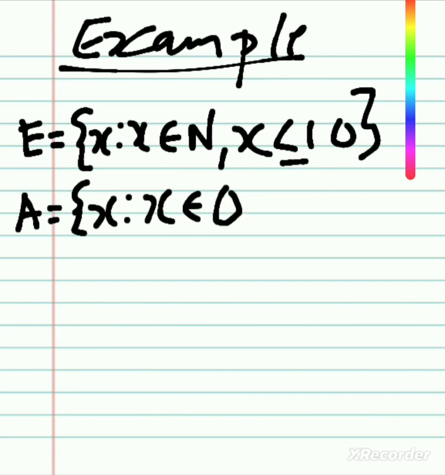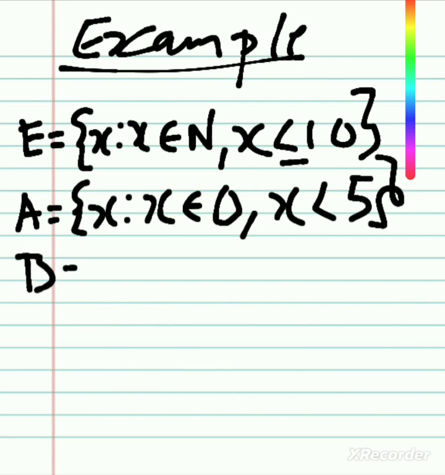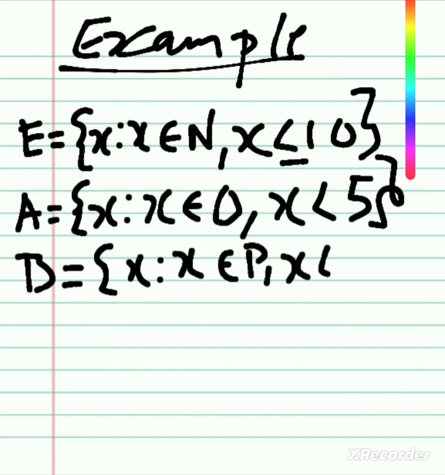I'll use odd to represent odd number, though that's not the right symbol to use. And x is less than 5. Then we have set B, which is x is such that x is a prime number and x is less than 8.